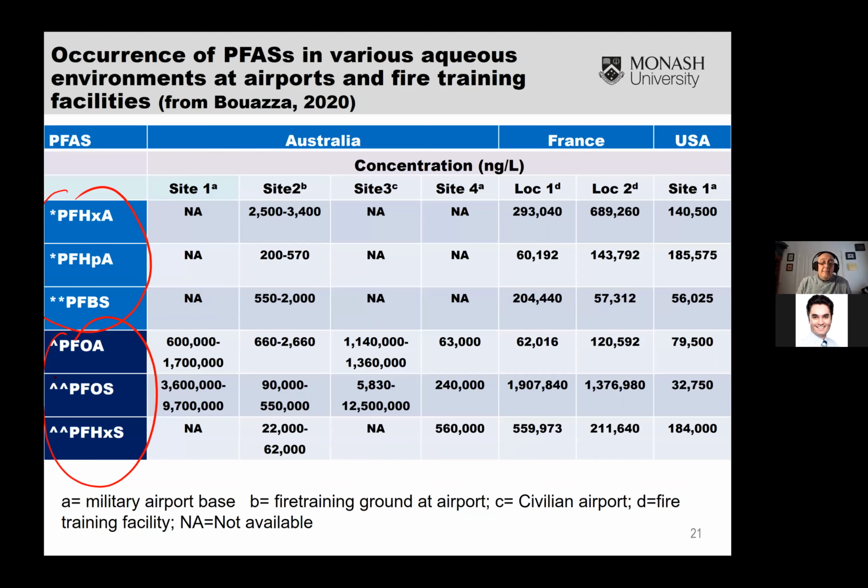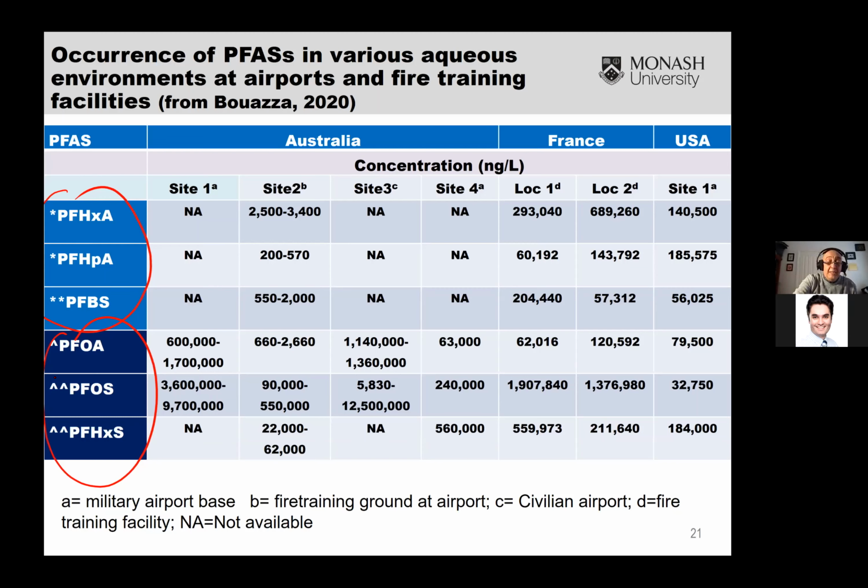And that is to be expected because the products we have used in fire training facilities and the likes, the foams, contained mostly long chain PFAS, in particular PFOS, which probably represents the largest fraction of PFAS.